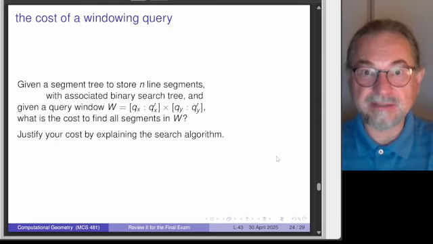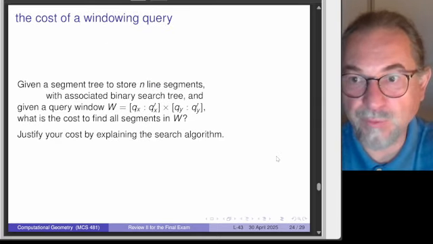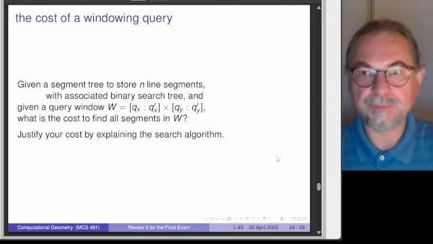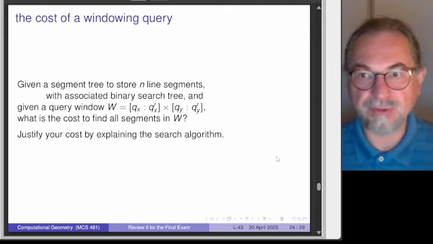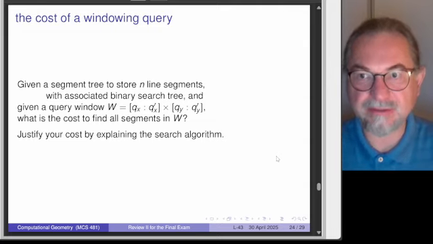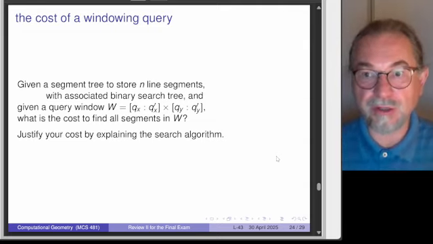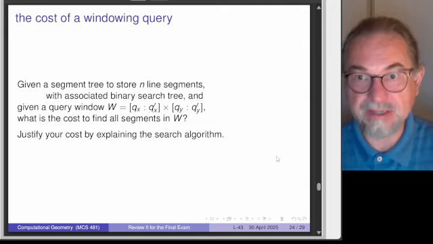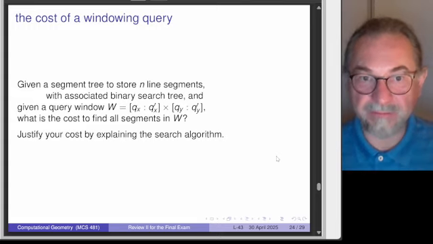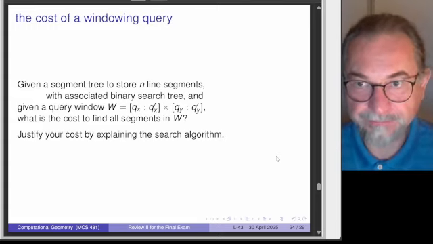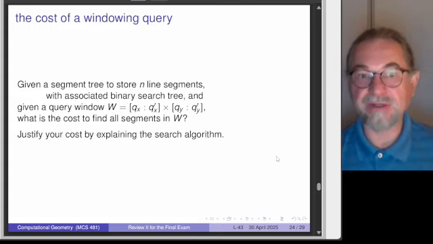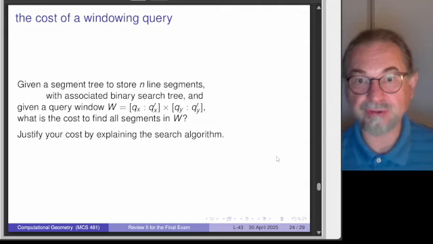Okay, that's the background. We want to do window queries. So we have a window, Qx prime is the range for the x coordinates. Qy prime is the range for the y coordinates. We are given the segment tree that stores the n line segments, and we have the associated binary search tree.